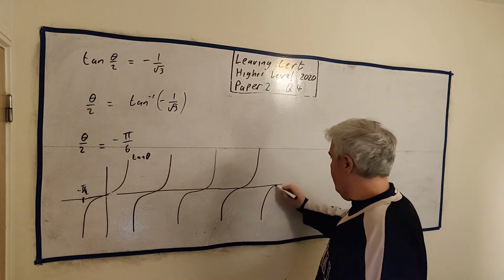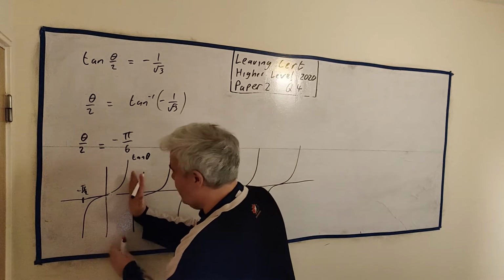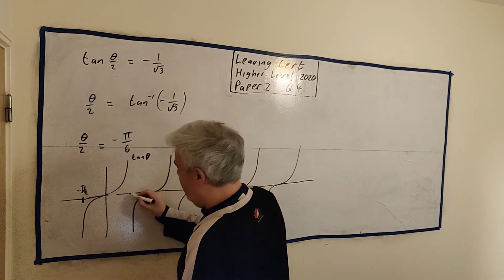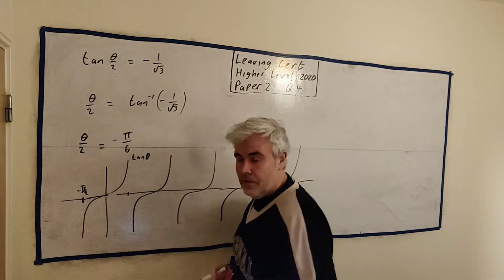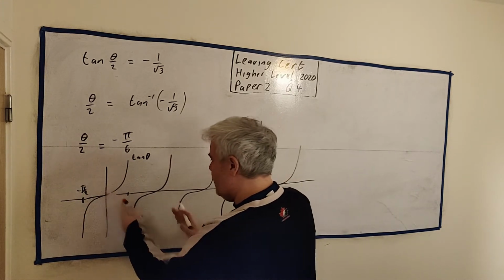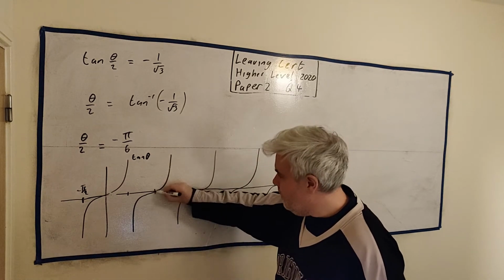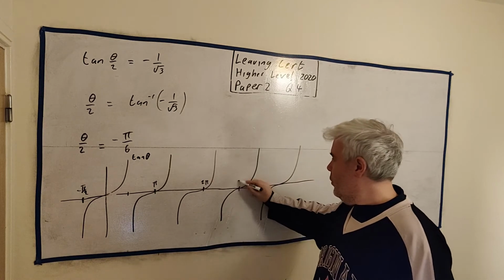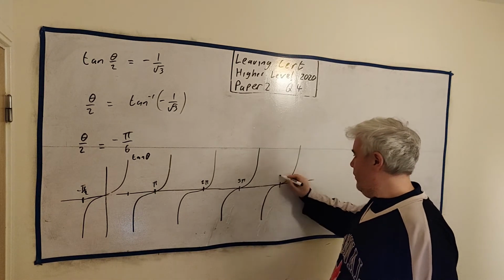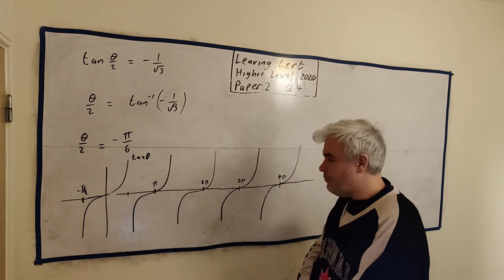Okay, so this is just understanding what the calculator does. My calculator only looks at this world here, from minus pi over 2 to plus pi over 2. Other calculators, I believe, look from 0 to 180, or 0 to pi. So there'd be pi, 2 pi, 3 pi, and 4 pi, although we're not going to need it up to this far.